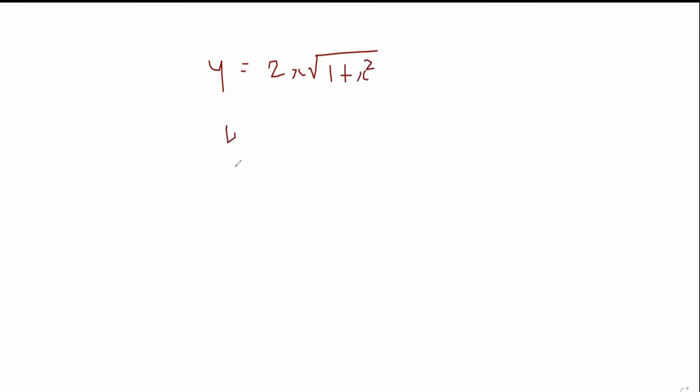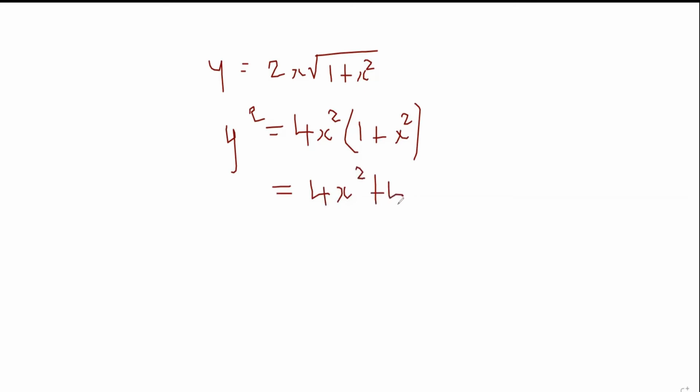So y squared would be, when I square 2x, I get 4x squared times 1 plus x squared. I can simplify it by saying that y squared is 4x squared plus 4x to the 4. That's what y squared works out to be for me.